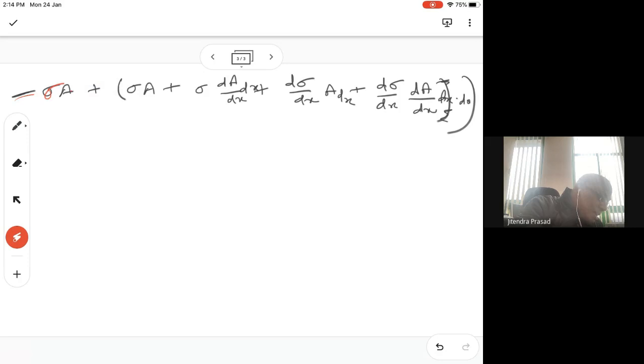So minus sigma A plus sigma A expanded, and this times dx, and then dx and dx 2, because there will be dx multiplied here. Plus we have bx times dx is equal to 0.